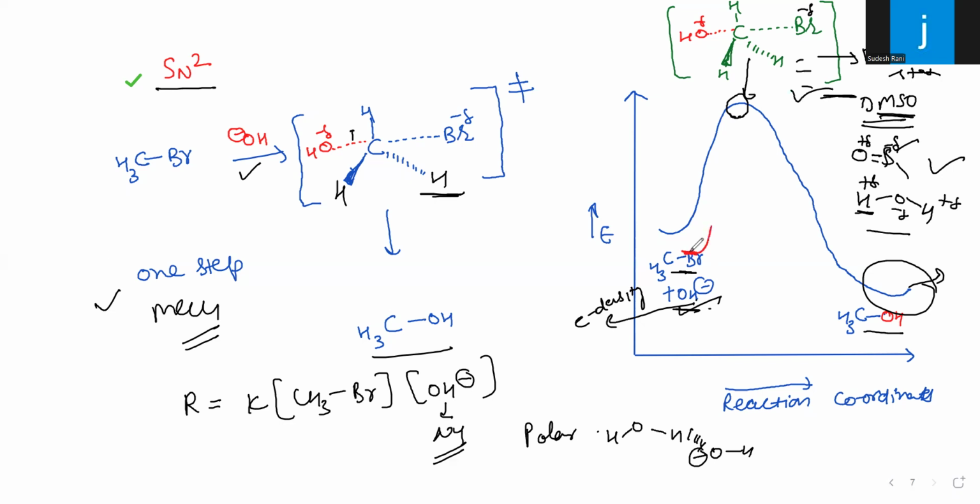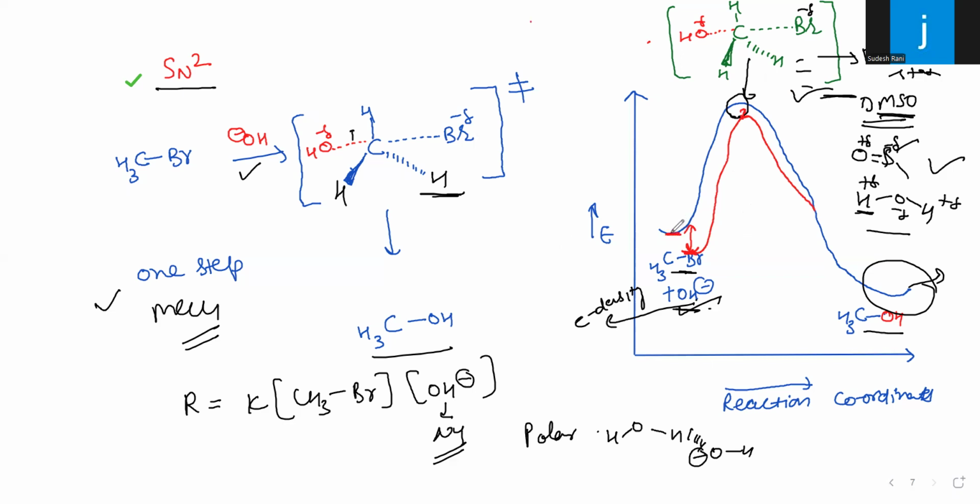And if I am drawing the energy profile in case of a polar solvent, you can see the energy of the nucleophile is lowered to a larger extent as compared to the transition state, because the transition state is less dense. I have already said to you the negative charge on this transition state is less as compared to the nucleophile, so it is less stabilized as compared to the nucleophile. So what is happening?